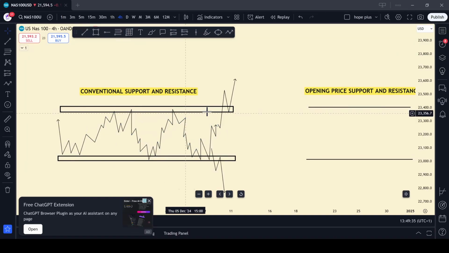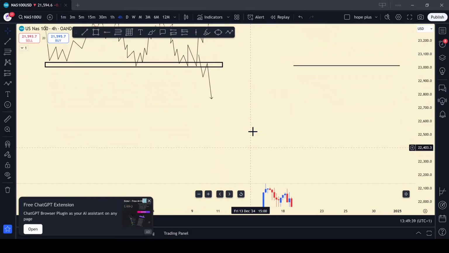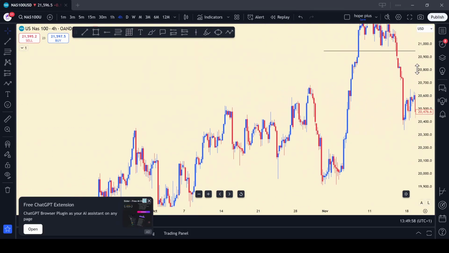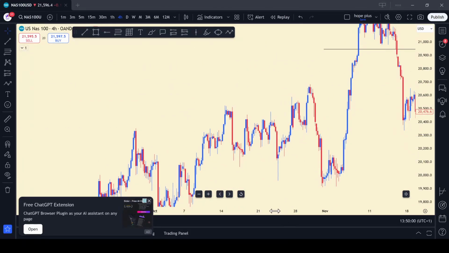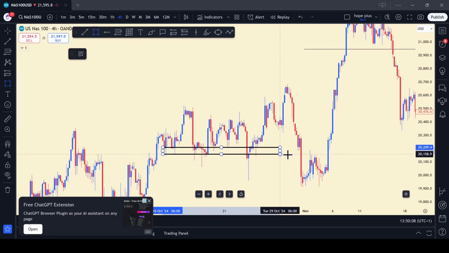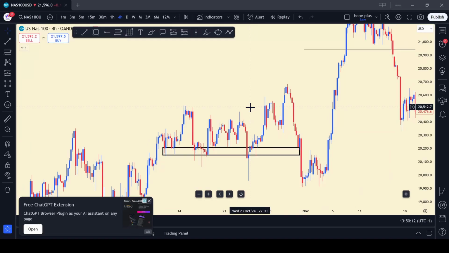Is it if price breaks the wick? Because for you to draw the zone, what most people do is this. Let's take a look at this area here. The way they mark it, some mark it from the body to the wick. Maybe let's assume this is the zone. I have an issue with this. The reason is, how do I know that this zone is broken?